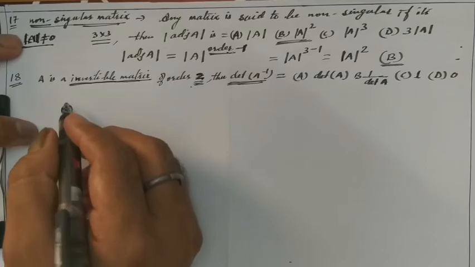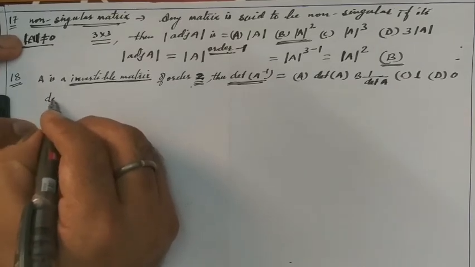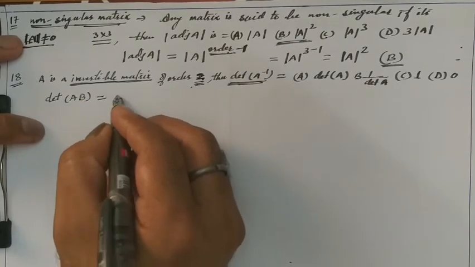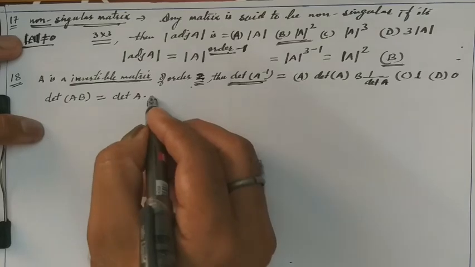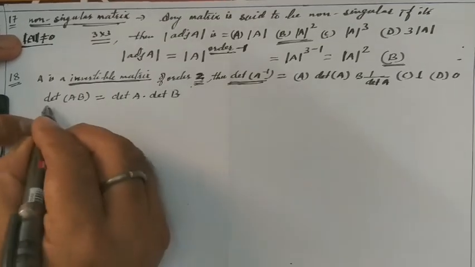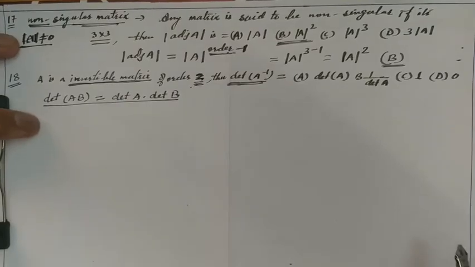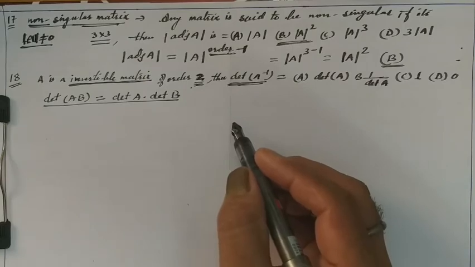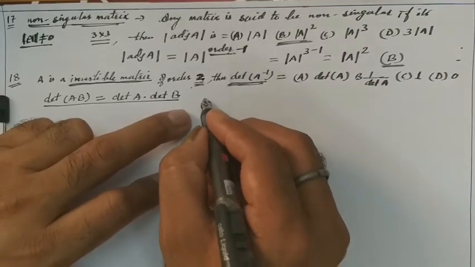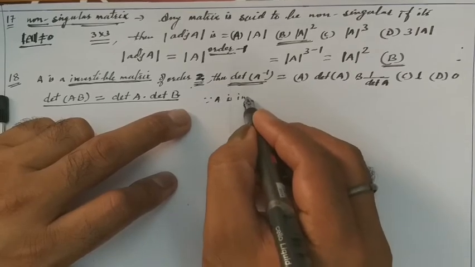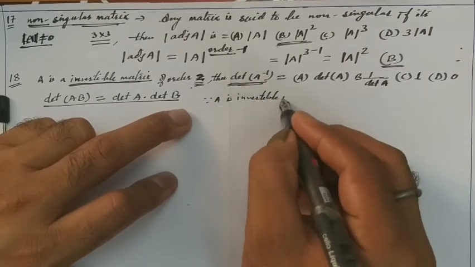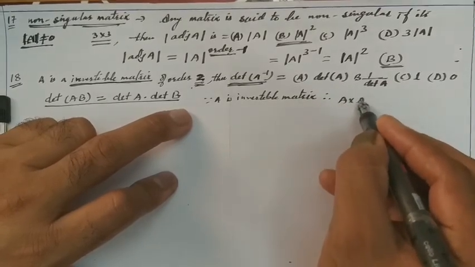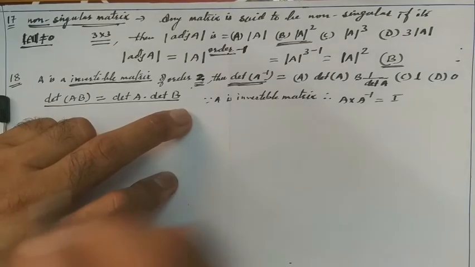Okay, so as you know, determinant of multiplication of two matrices can be written as determinant of A into determinant of B. This you remember. Then in this particular question, A is said to be an invertible matrix. Therefore A into A inverse is equal to identity matrix.